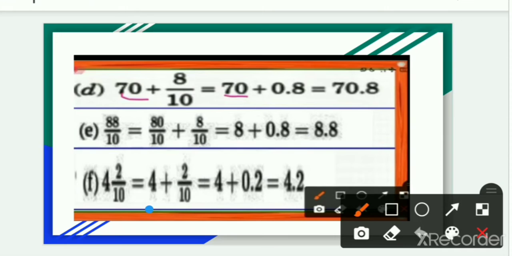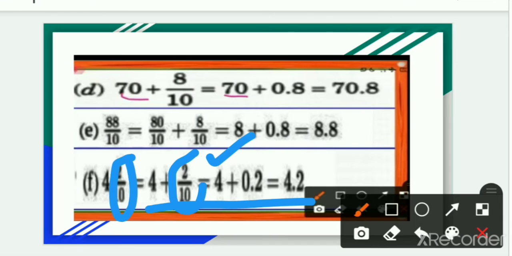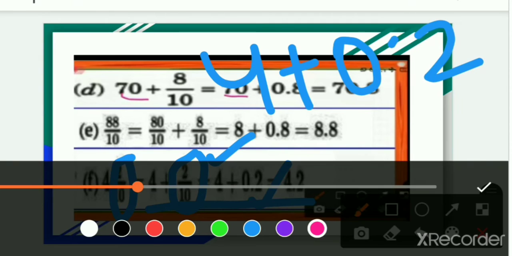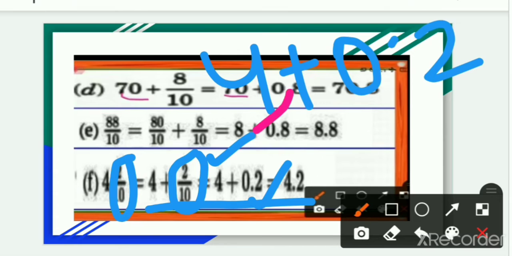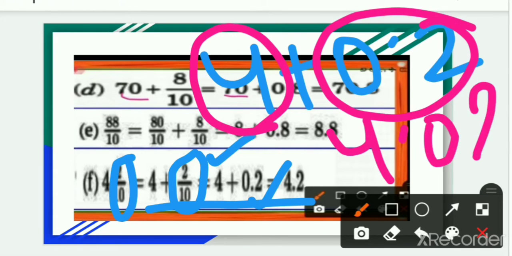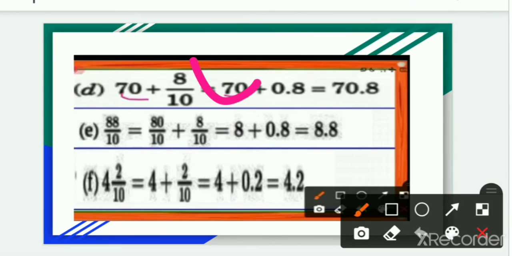Or you can solve in this way also, that is 4 plus, separate this fraction, that is 2/10, equals 4 will remain as it is, plus divide 2 by 10, the fraction will become 0.2, right? Now add 4 plus 0.2. It is very easy. How you will add? When you will add any number and any decimal point, you will get 4.2 as an answer.